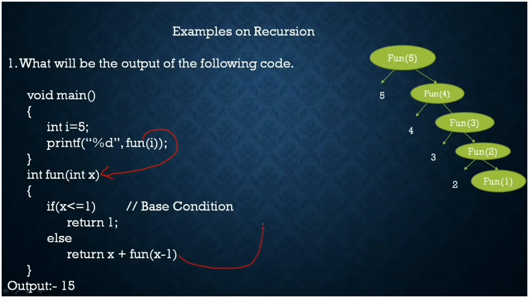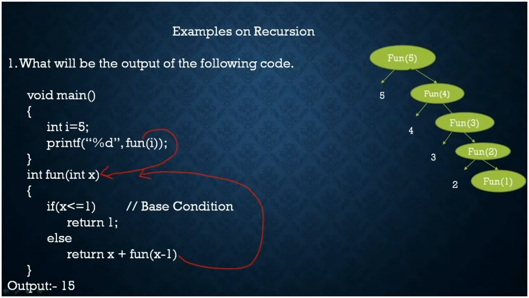Again the function is called here. How is it calling? x plus fun of x minus 1 means 5 plus fun of 5 minus 1, that is 4. See here, this is a recursive tree. You will understand better from this graph. First of all, you call fun of i, that is fun of 5.